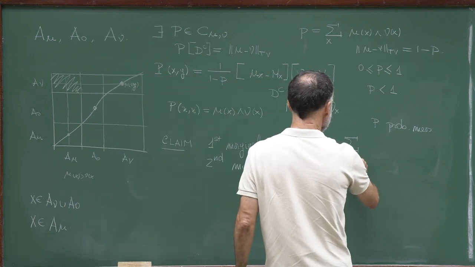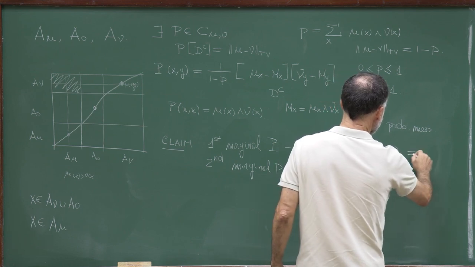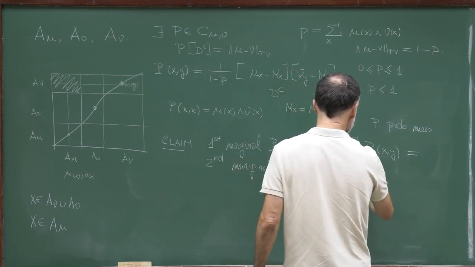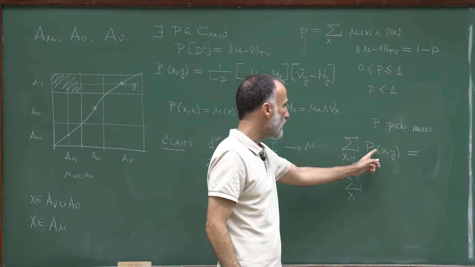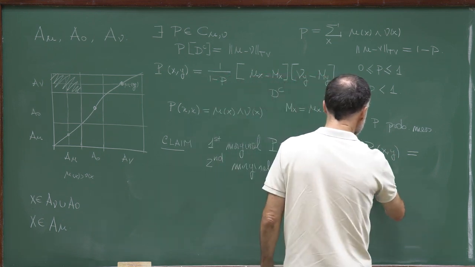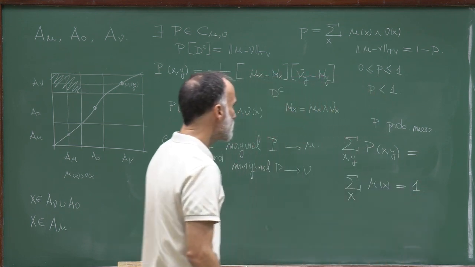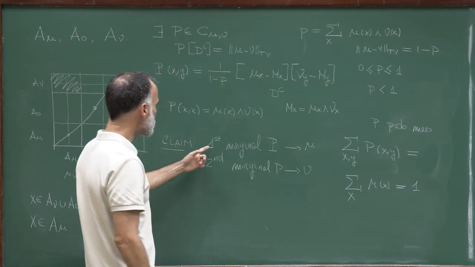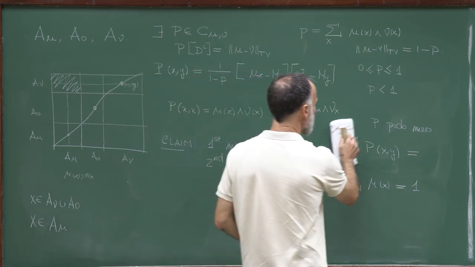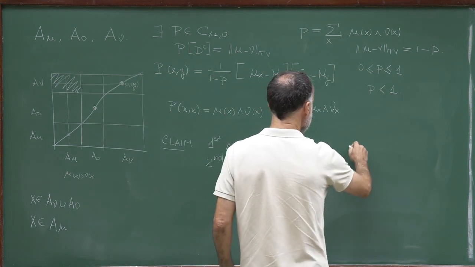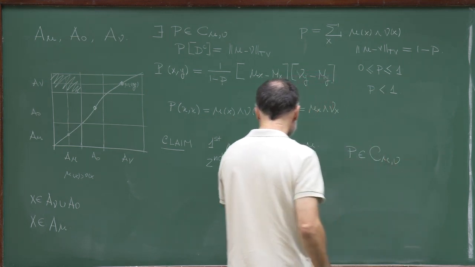Now if I sum over all x and y p(x,y), I can first sum over all y, and this will give me the marginal at x of p, but this is mu, and mu is a probability measure, so this sum is equal to 1. So this shows that p is a probability measure whose first marginal is mu, second marginal is nu, and therefore what we have just proved is that p is a coupling between mu and nu.